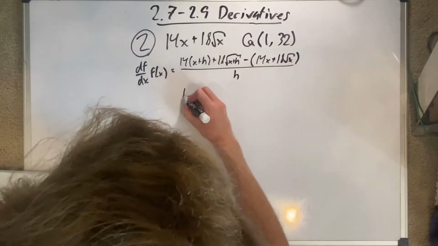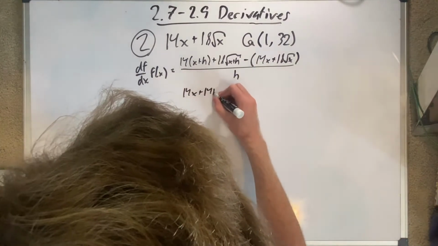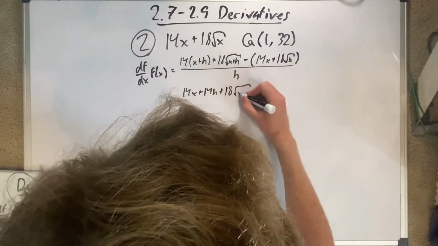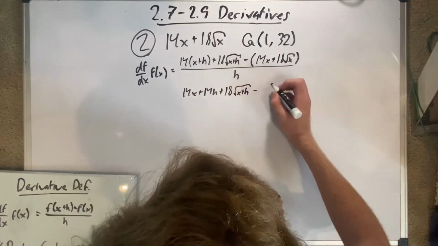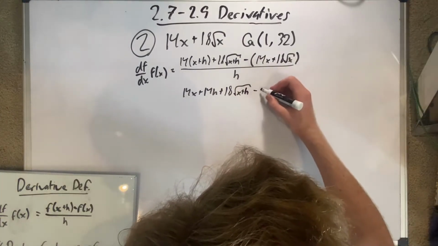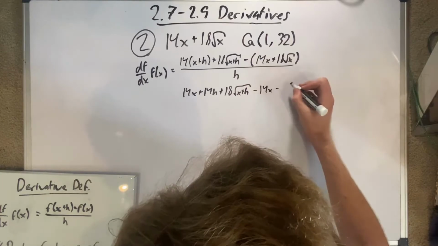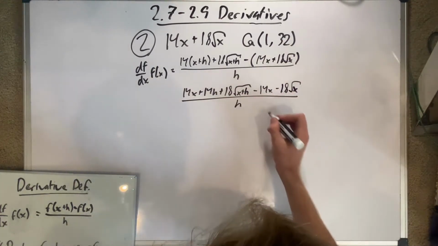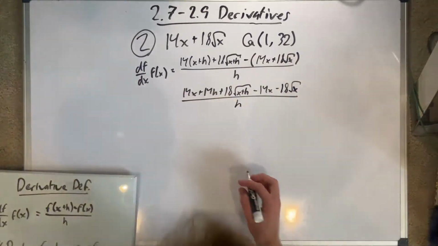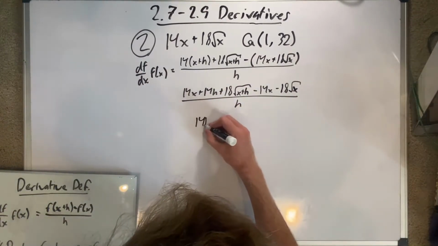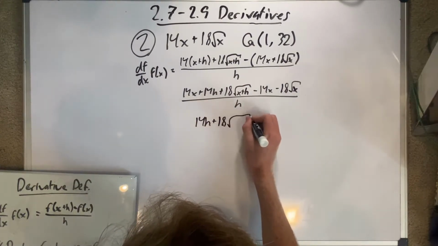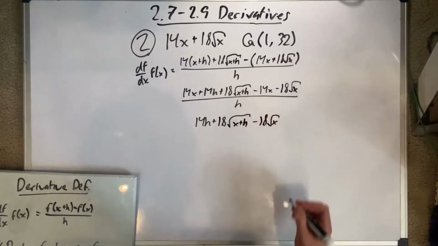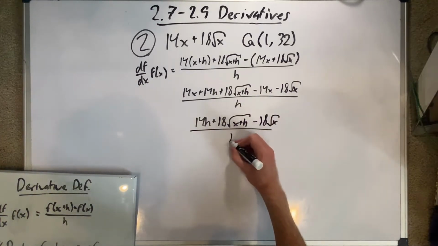Now I'll simplify this down. 14x plus 14h plus, we can't do anything really to that, 18 rad x plus h minus 14x minus 18 rad x all over h. Now let's just simplify things further because those x's can cancel. 14h plus 18 rad x plus h minus 18 rad x all over h.